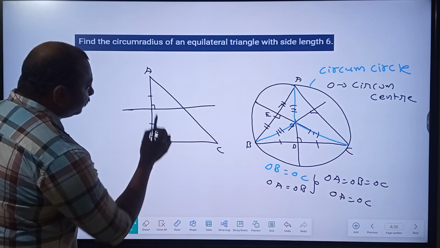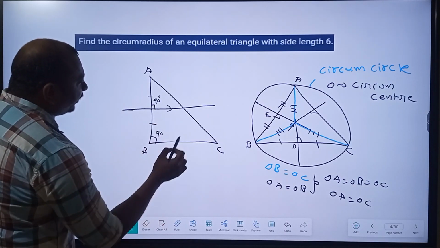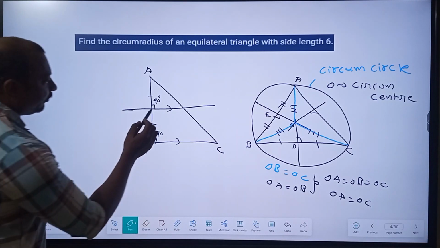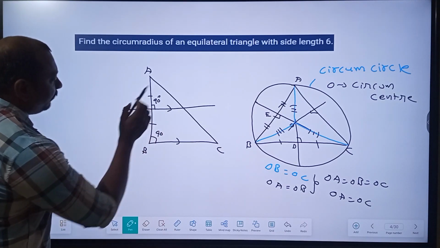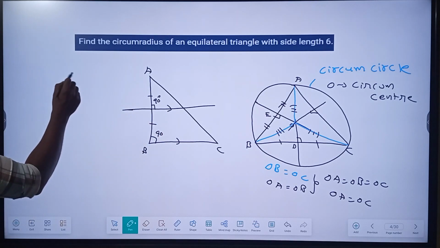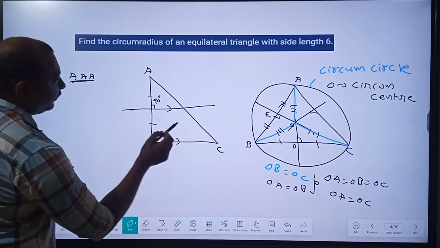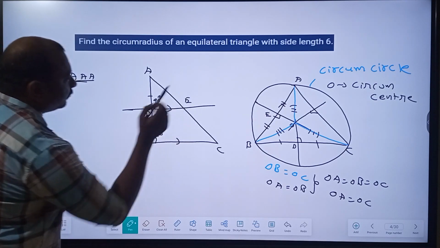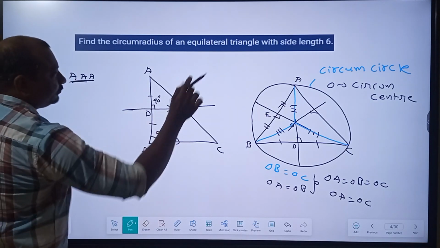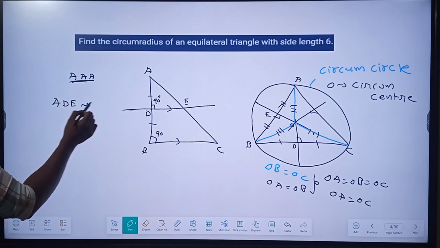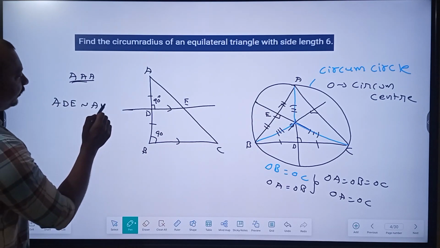So these two lines are parallel, so corresponding angles are equal. From the basic similarity, triangle ADE is similar to triangle ABC.